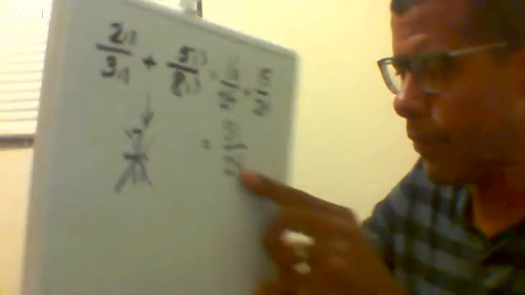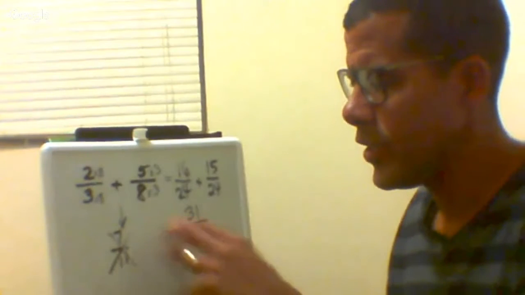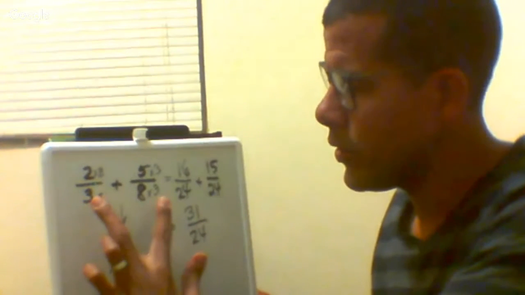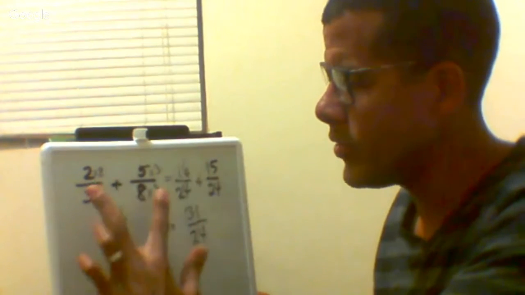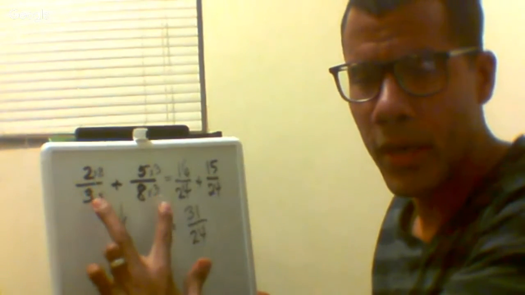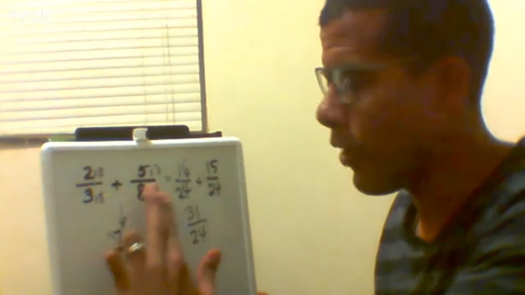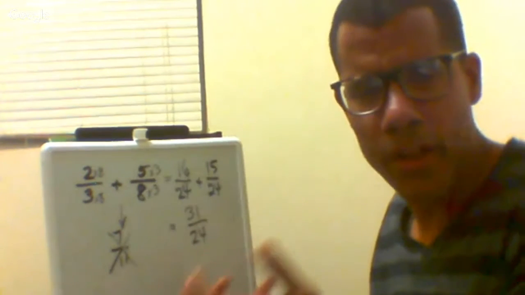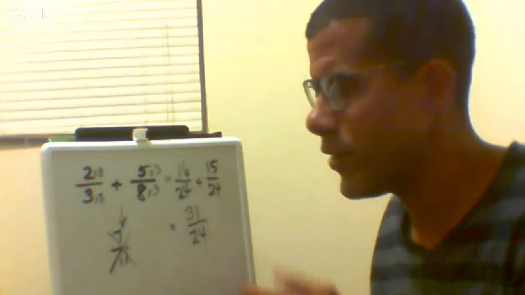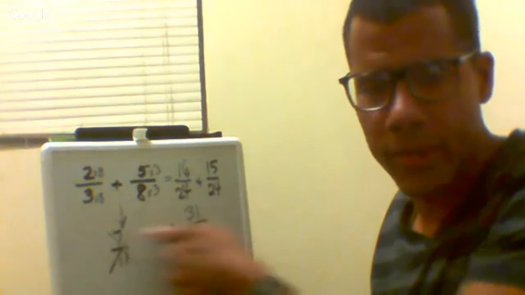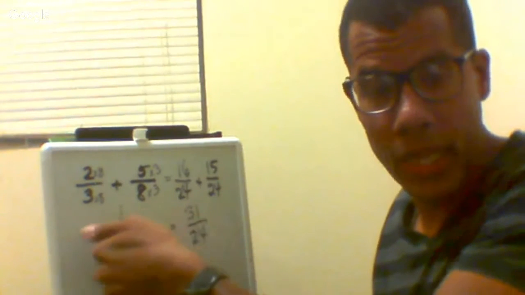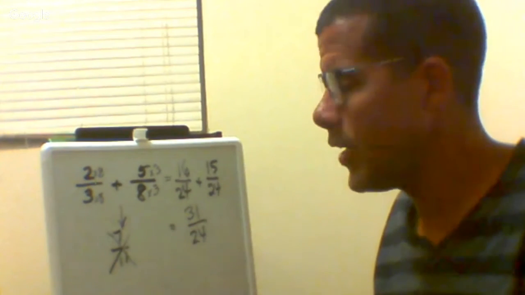So just to recap, what we have is unlike denominators, and these denominators can be multiplied together to get a product. A simple product will give you a common denominator. Two things to remember: never add the denominators, whether it be like or unlike, okay?